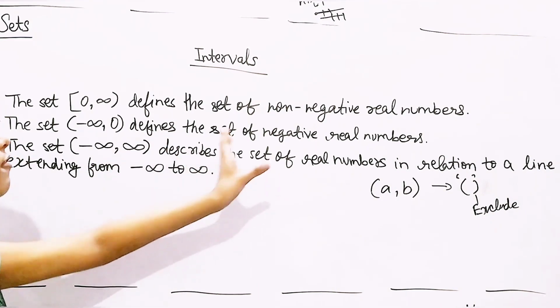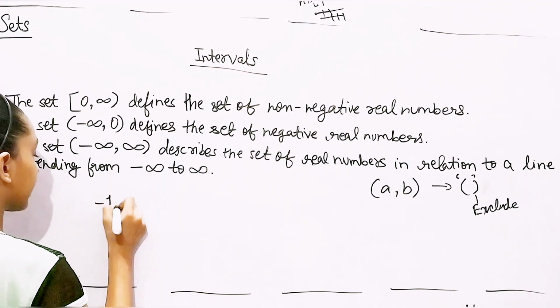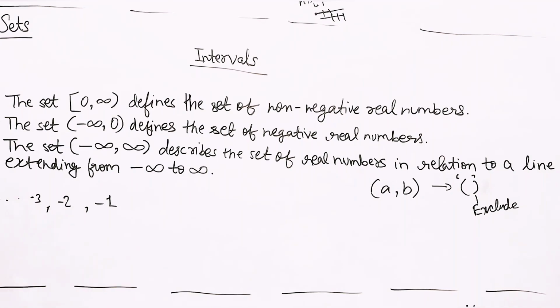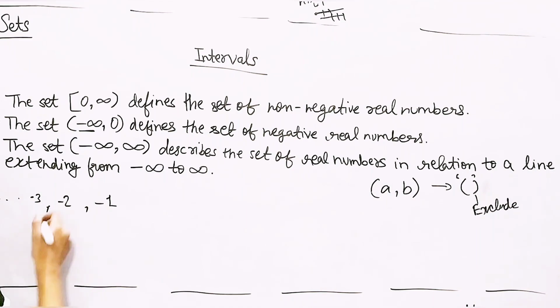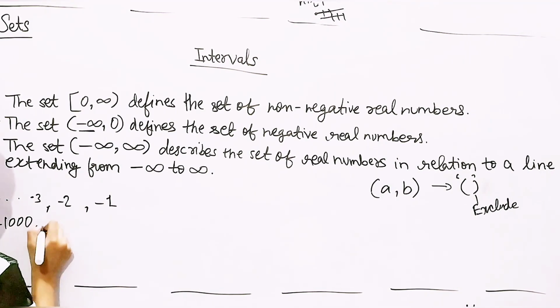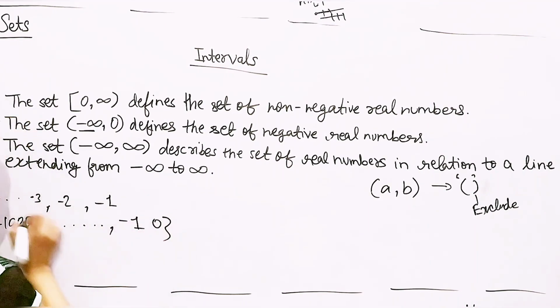Negative infinity means we have integers like -1, -2, -3, and so on, going toward infinity, but always negative. For now I'll say -1,000, and so on, then -1, and then it's going to be 0. That's it, no other elements.